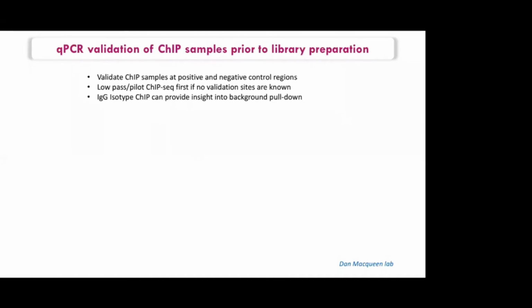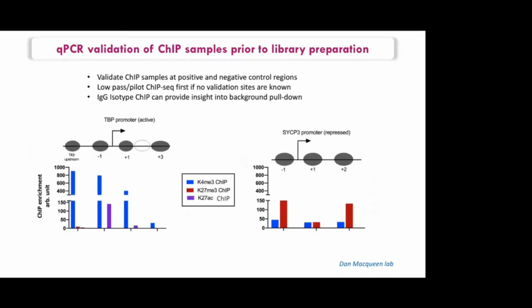Once you have immunoprecipitated the samples, it's a good idea to validate ChIP samples, because it's a very expensive, very costly business. We validate ChIP samples at positive and negative control regions. It's a good idea to keep 2 positive and 2 negative control regions. For example, for these 3 libraries, you have K4 trimethylation, K27 trimethylation, and K27 acetylation, some active and some repressed marks.